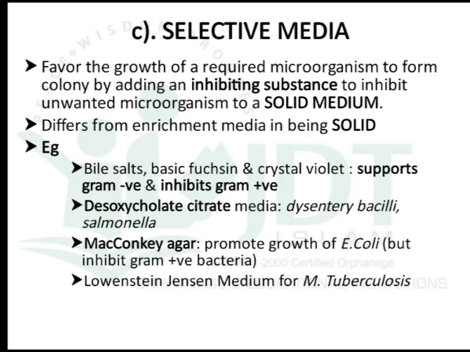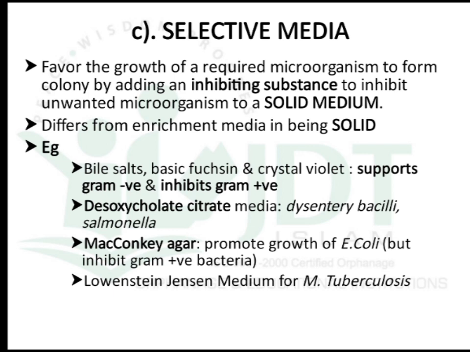Now the next one is selective media. Selective media and enrichment media differ only in their physical state. It also contains a compound that helps the growth of the required microorganism and inhibits the growth of unwanted bacteria, but these are solid. So selective media will be solid, and enrichment media can be solid, liquid, or semi-solid.